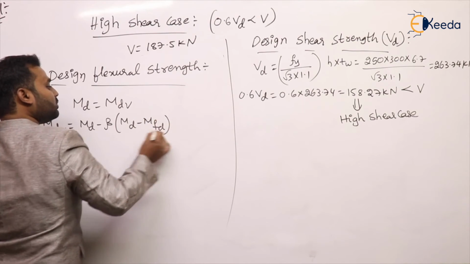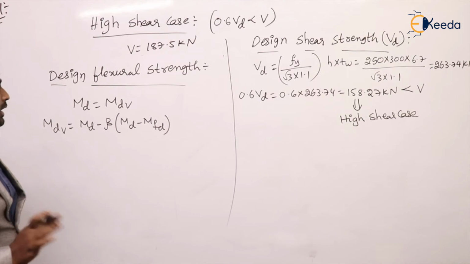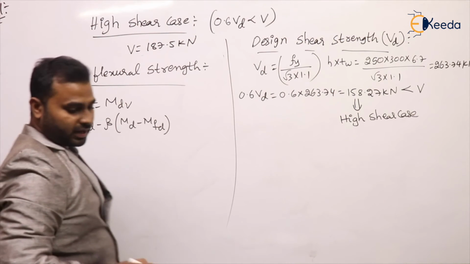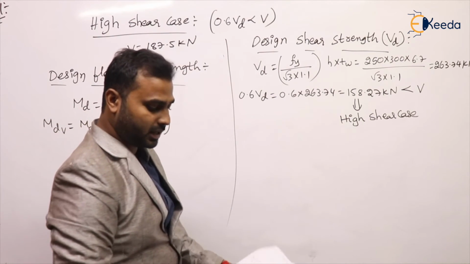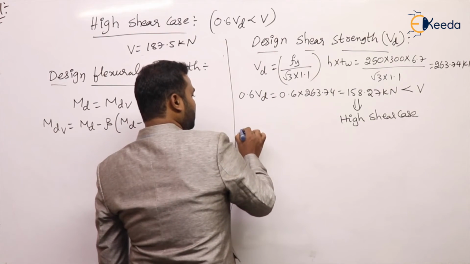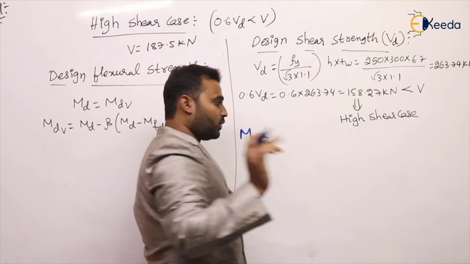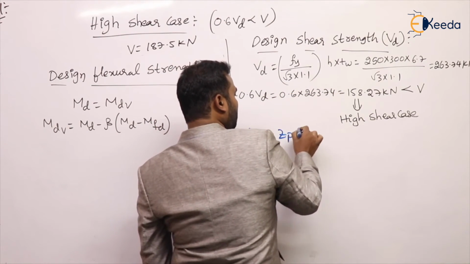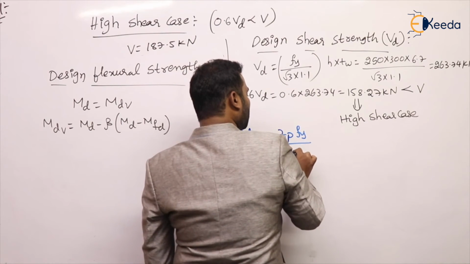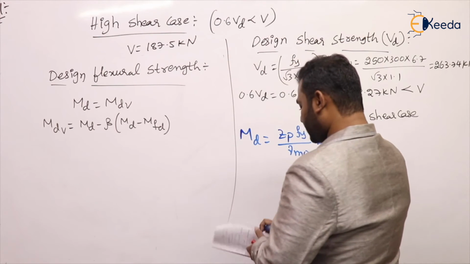So already we have discussed about this formula and we have seen each and every parameter term in this formula. Is that okay? Now MD. What is the formula for MD here? Formula for MD. So MD is nothing but, as it is a plastic section, so plastic section ratio is 1. So directly I will write ZP into Fy by gamma m naught. So ZP for this section, how much is the ZP for this section?